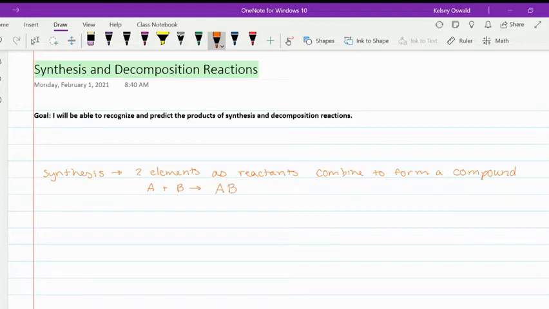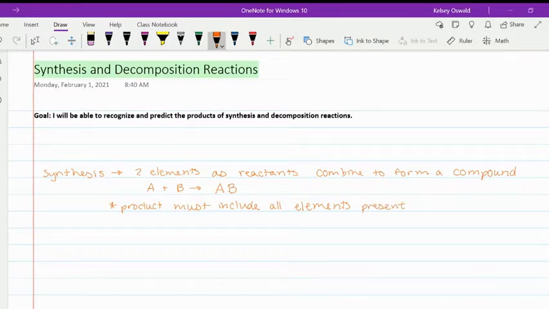Okay, something to keep in mind when you guys are writing the product: your product must include all elements. Because we know conservation of matter, we can't go destroying some of our particles. So that product must include all the elements.